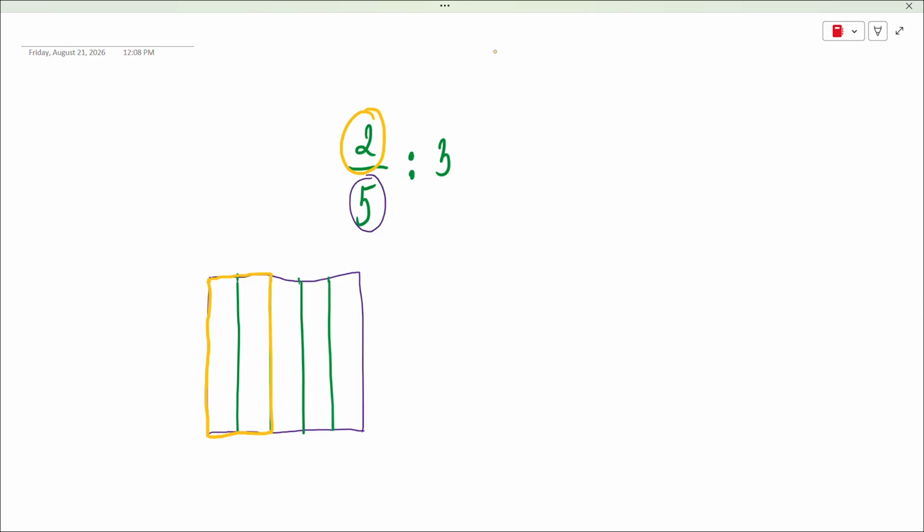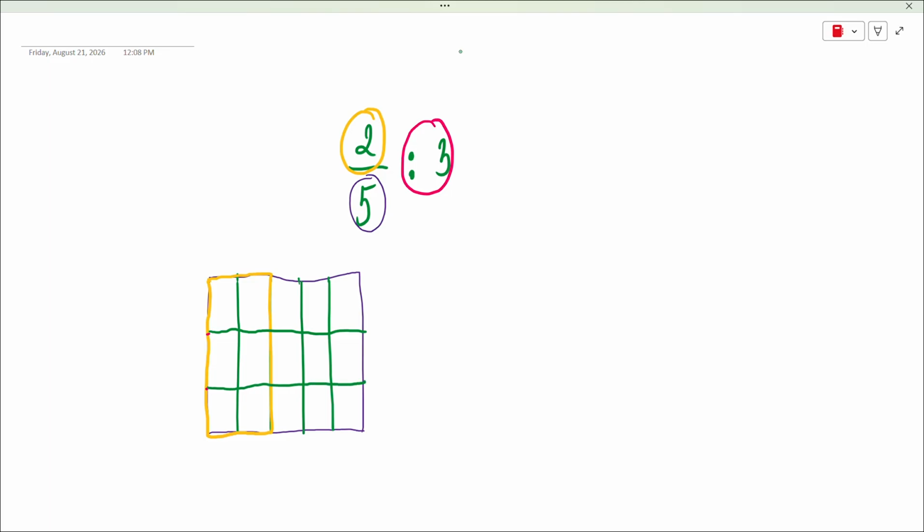And we will divide these 2 sections by 3, so we divide the whole thing into 3 equal sections. 1, 2, 3 equal sections.